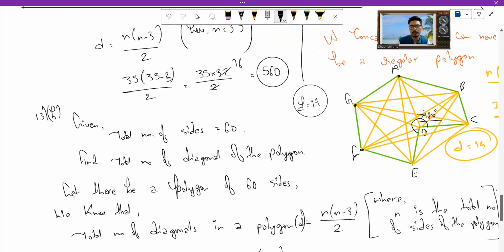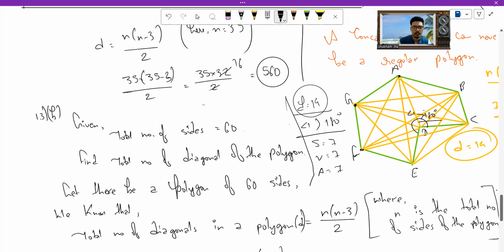The other things that we can see in a concave: there is one angle, like if you see E, let's take this angle 1. So angle 1 is greater than 180 degrees, meaning one of the angles is greater than 180 degrees. Diagonals are 14. Sides are 7. Vertices are 7. And what else? The angles are 7.